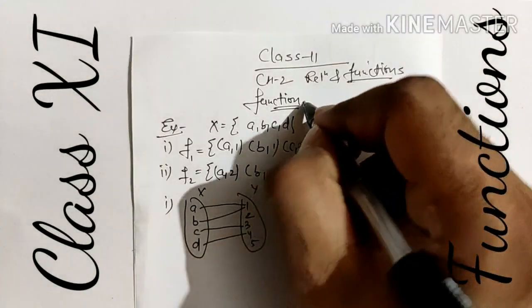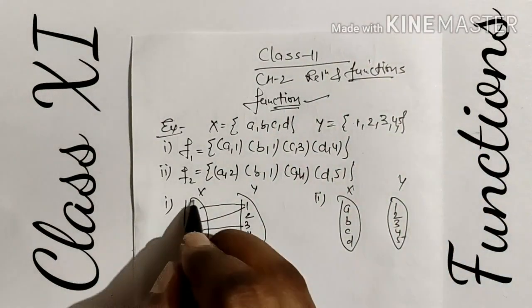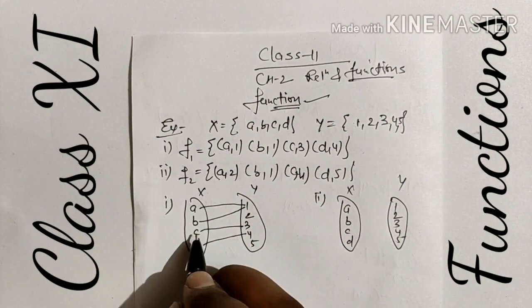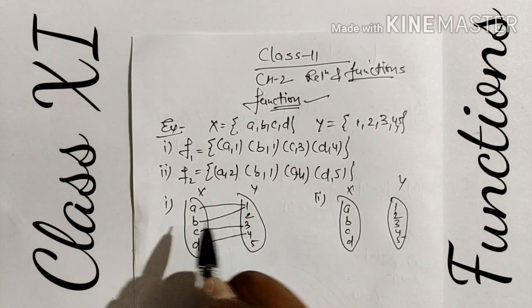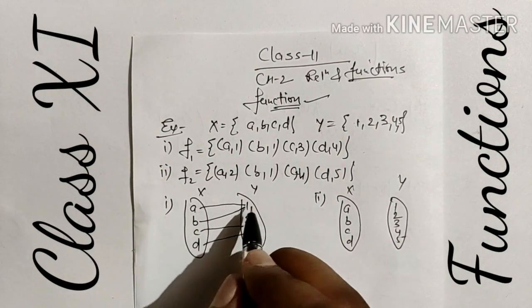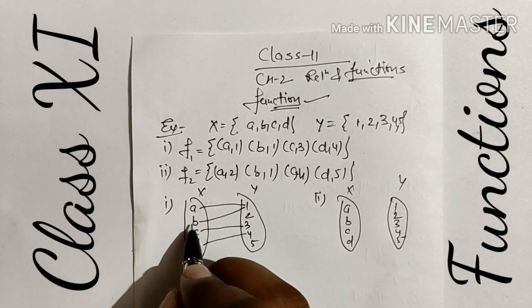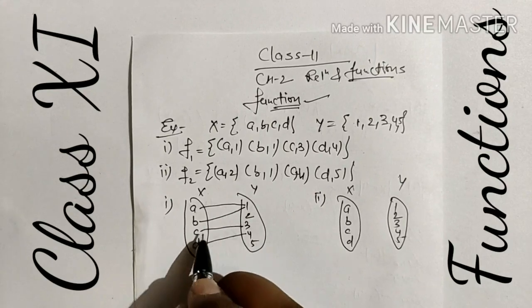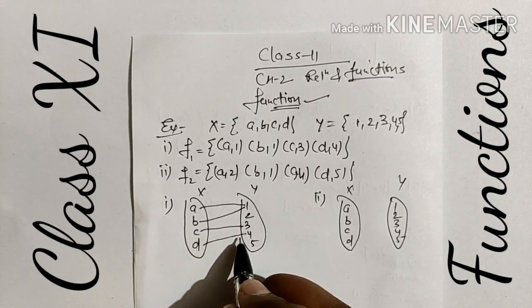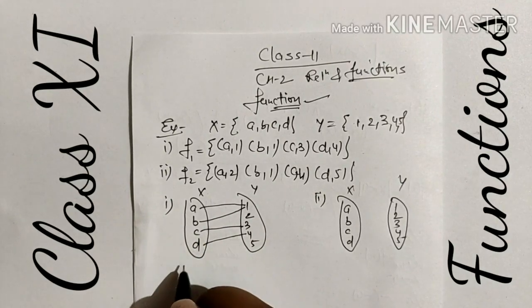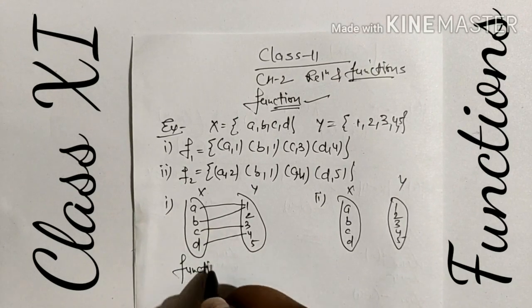According to our definition of function, every element of the domain set has a unique image. It means every element of the first set is connected with one element of the second set. A is connected with a single element, B is also connected with a single element, C is connected with a single element, D is also connected with a single element. So all the conditions are satisfied, so it is a function.